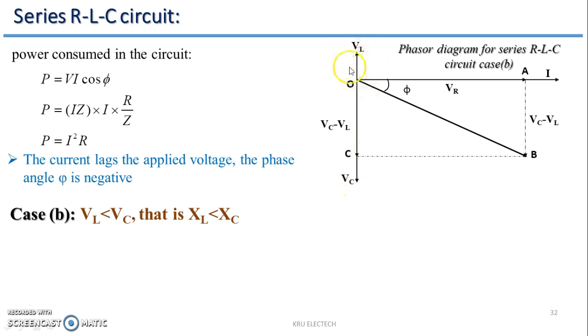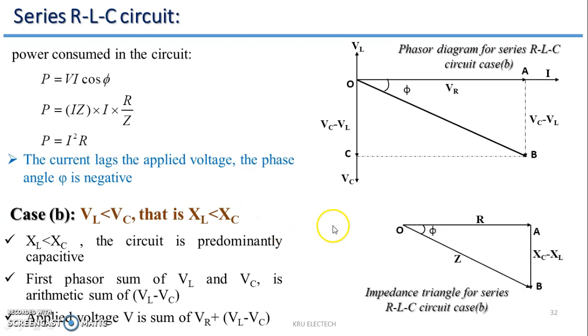So if you deduct this value VL from the total VC, you will find VC minus VL. You can directly make the vector addition. This is the phasor diagram. So here is again VR, this is VC minus VL, and the resultant voltage V. Okay, so the same thing you are able to find from the triangle.